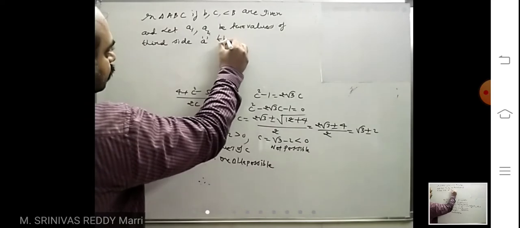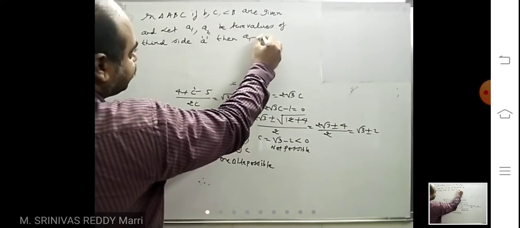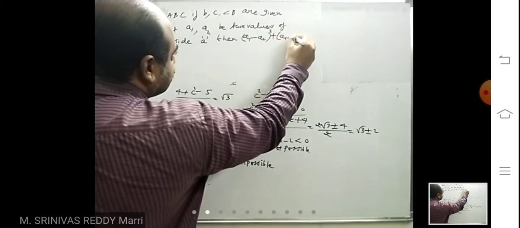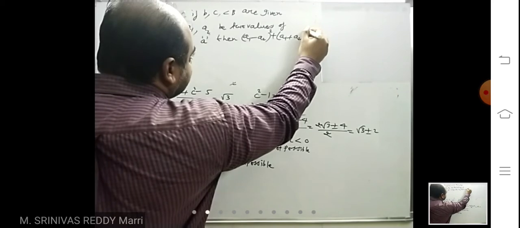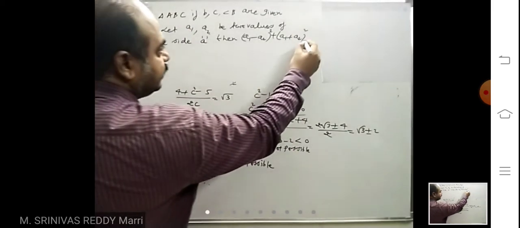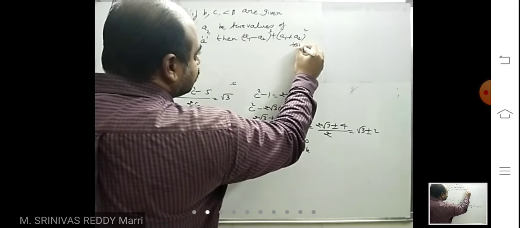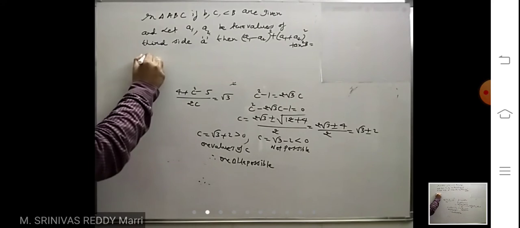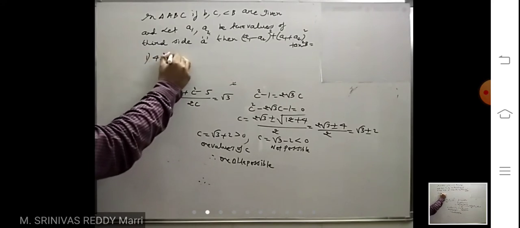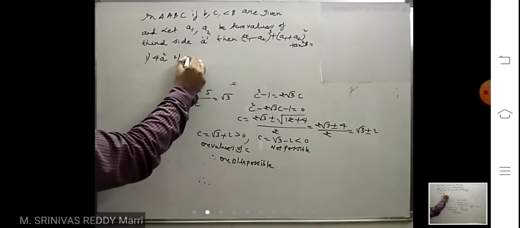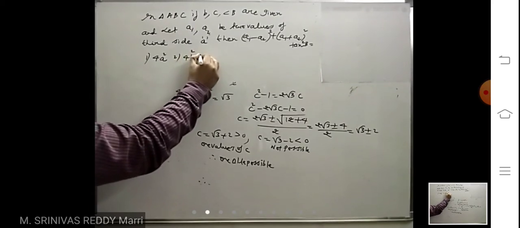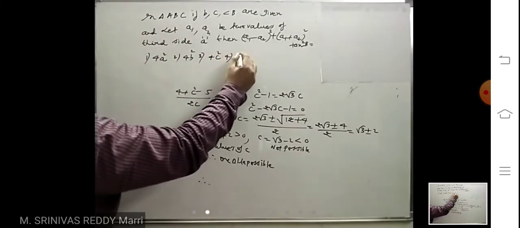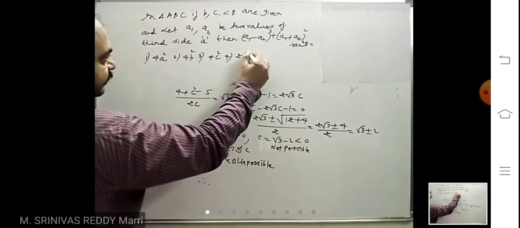Then you will ask the problem like this: (A1 minus A2) whole square plus (A1 plus A2) whole square into tan square B equals to, look at a very important model: number 1, 4a square; number 2, 4b square; number 3, 4c square; number 4, 2b square.